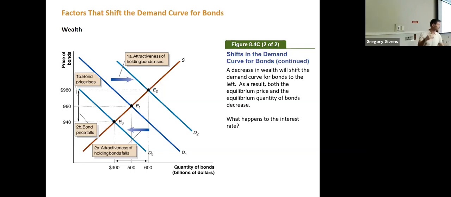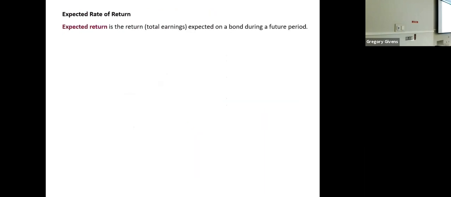I know I'm going through this pretty quickly, so please stop me if any of this is confusing. Okay, a second major factor in how bond prices and interest rates are determined is based on the rate of return that a bond is going to earn over the holding period that the investor has.